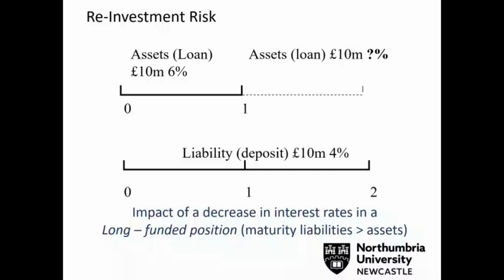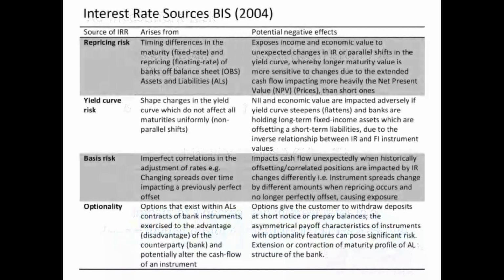It could hamper your profitability. When we look at the sources of interest rate risk from a bank point of view, the original definitions from the BIS in 2004 were the concepts of repricing risk, yield curve risk, basis risk, and optionality. Repricing risk is really another way of talking about refinancing risk.